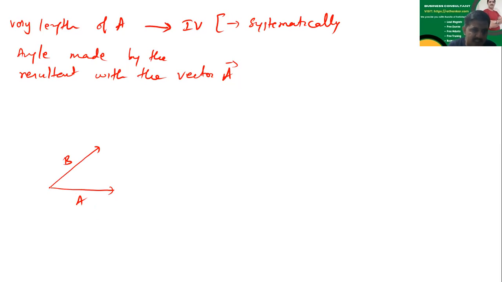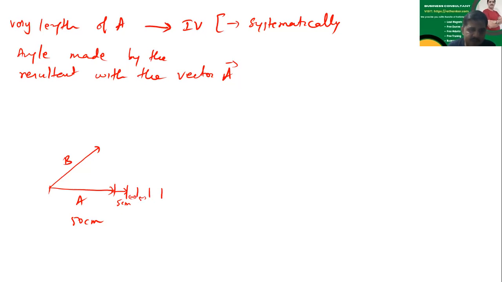Let us say the initial length of vector A and vector B were 50 centimeters. I'm going to increase this. By how much? Let us say 5 centimeters more. Systematically, I'm going to increase by 5 centimeters, then 10, 15, 20.